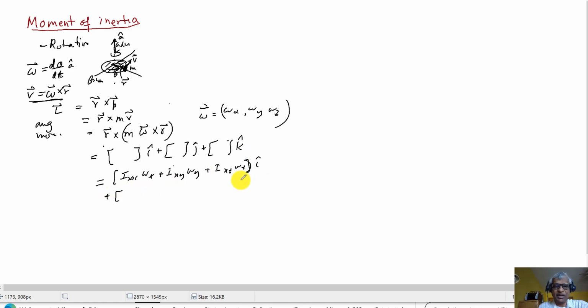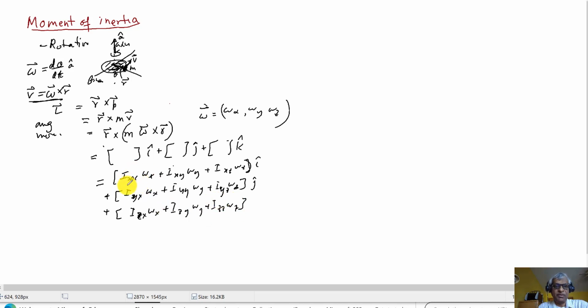Plus j hat, very similar: I yx omega x plus I yy omega y plus I yz omega z, j hat, plus a similar thing: I zx omega x plus I zy omega y plus I zz omega z.